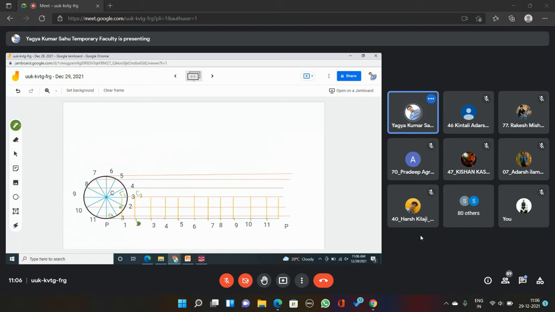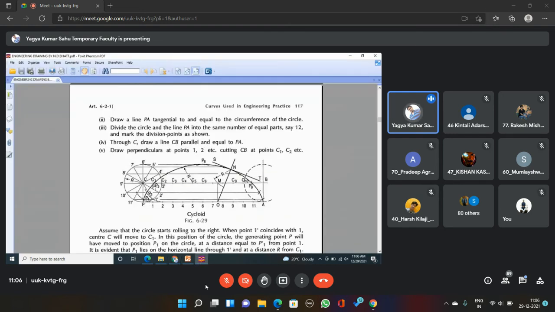Then C3, you'll get another point. See here, P1, P2, P3. So what is the distance C3 to P3? This is equal to CP. Again, C4P4 equal to CP.